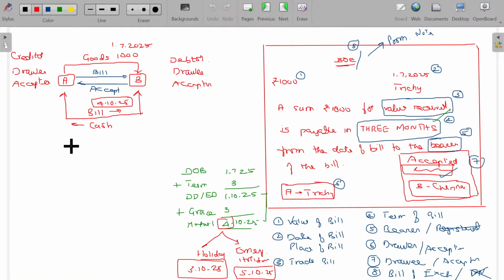See, in this case, on the maturity date, A should pay this money. As A should pay the money, he is called the payer. To whom should the money be payable? If the money is payable to A himself, then A is the payee. But A is not necessarily the payee, because A can simply hand over this bill to a banker, and later the banker can give the bill and get the cash.